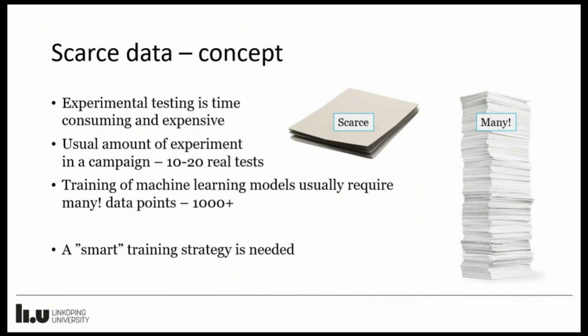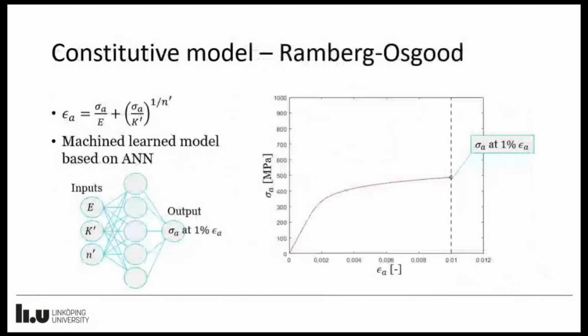So for this, we need to do some kind of strategy to make up a smart training strategy. So we're going to start here, and we used a Ramberg-Osgood model with amplitude format here.